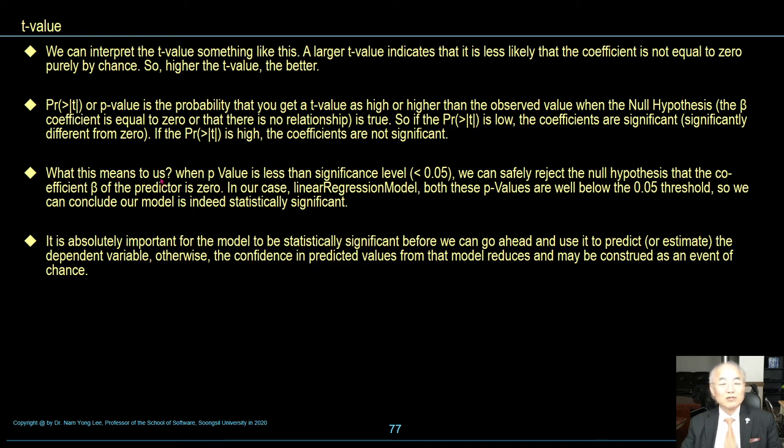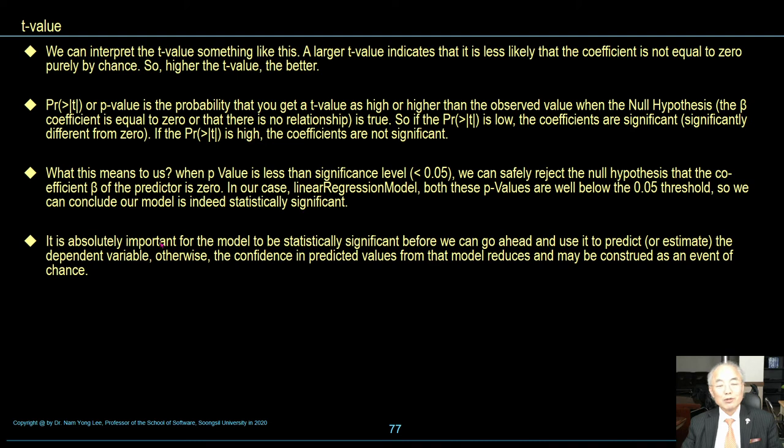What this means to us is, when the p-value is less than the significance level 0.05, we can safely reject the null hypothesis that the coefficient beta of the predictor is 0. In our linear regression model, both these p-values are well below the 0.05 threshold. So we can conclude that our model is indeed statistically significant.